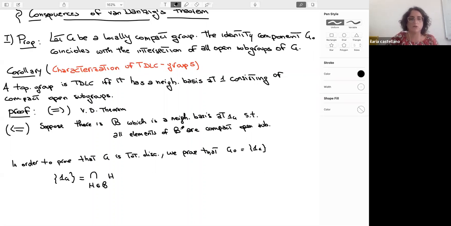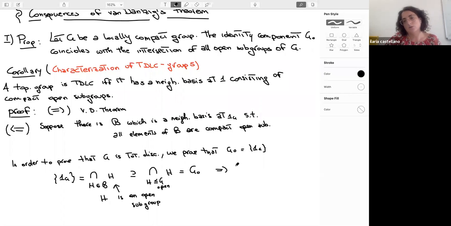So the intersection is going to give you the point they are neighboring. But in particular, each H is an open subgroup. So this contains the intersection over all possible open H in G. But by the proposition, this is exactly G naught. So G naught is contained in {1_G}, and this concludes the proof.